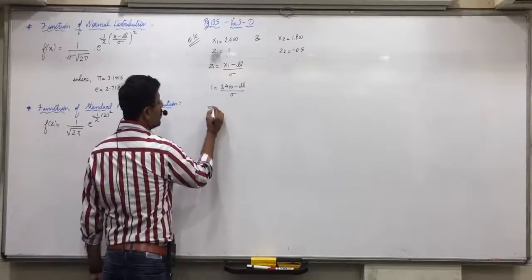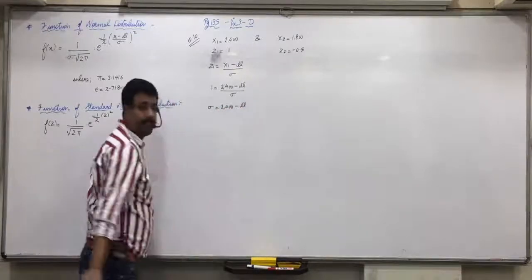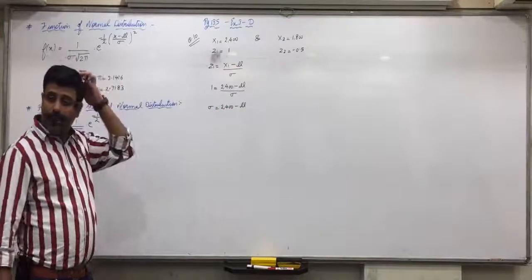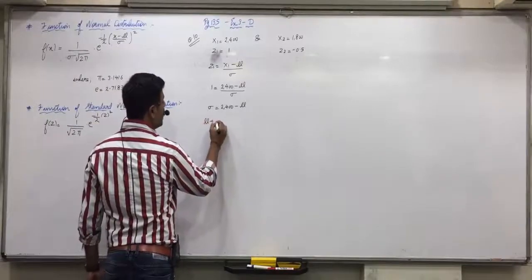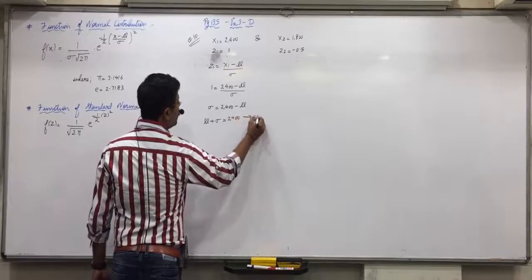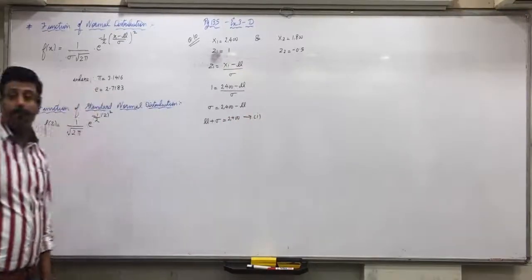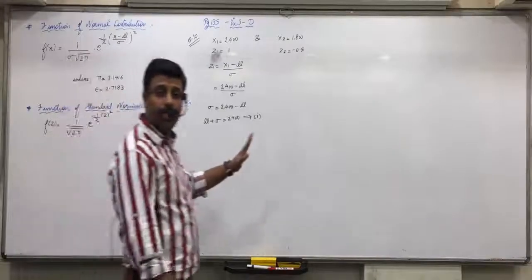Sigma into 1 is sigma equals 2400 minus mu. Okay, minus mu on the left side will become plus, so mu plus sigma equals 2400. Mark it as 1.